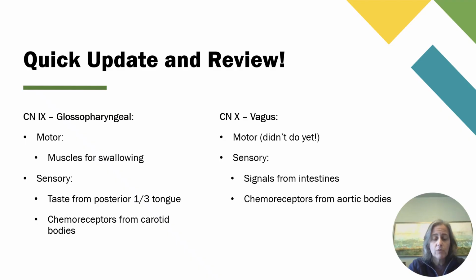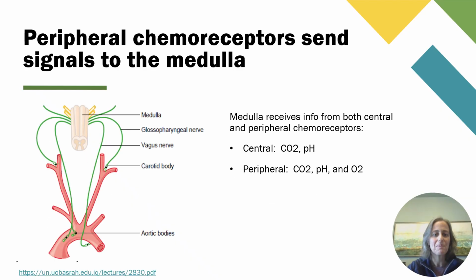And then I just remembered that we also learned that it brings in taste from the pharynx. We learned about that in the taste lecture, so my bad that I forgot to include it here.